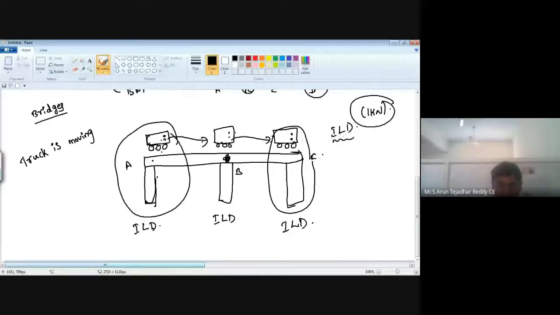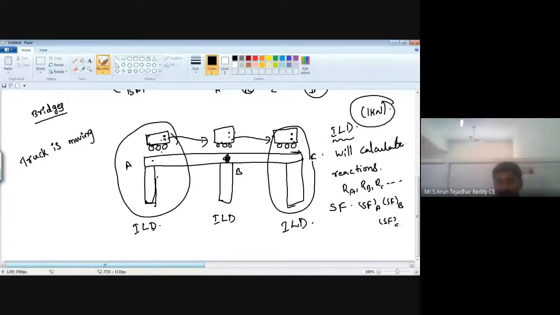Next, first identify the loads and the influence line diagram. Based on that, we will calculate the reactions, maybe RA, RB, RC, etc. Based on the reaction values, we will calculate the shear force values also, maybe shear force at A, B, and C. Based on those shear force values, we can draw the SFD also.